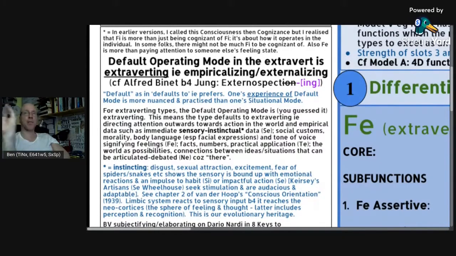Then the world is possibilities, connections between ideas, situations that can be articulated, debated, NE. So ENFJ is good at all of those because it's default extroverted. It gets a lot of practice. So it's like preference leads to practice, practice leads to ability.